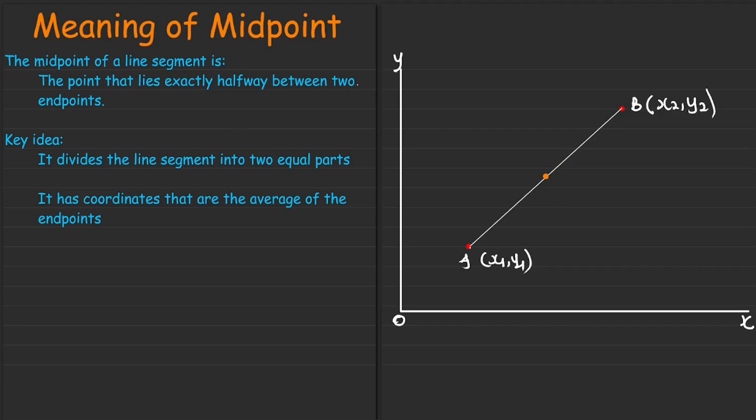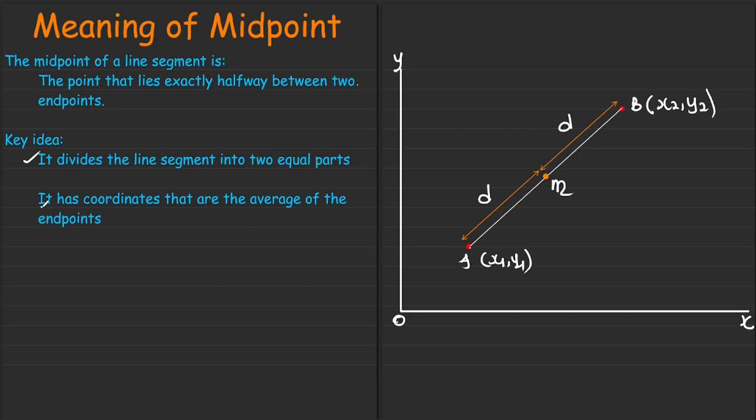Such that if I measure from A to the middle here, which we claim to be the midpoint, and it is a distance of D, then that from the midpoint to B should also be the same D. So that is what we mean by it divides the line segment into 2 equal parts.